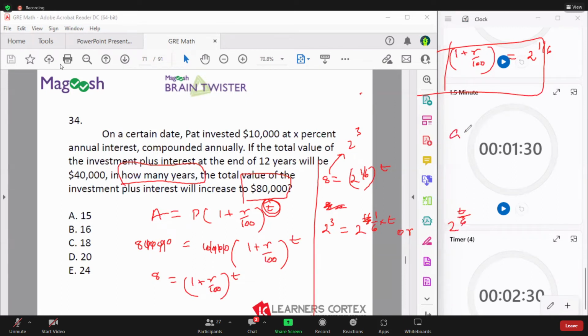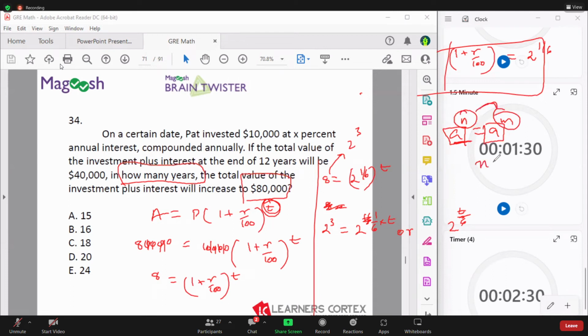Now, whenever the base is equal and there are two different powers given, then these powers are supposed to be equal. So here the base is equal, which is 2. So 3 equals T over 6, or T equals 3 times 6, or 18. So 18 would be the answer.